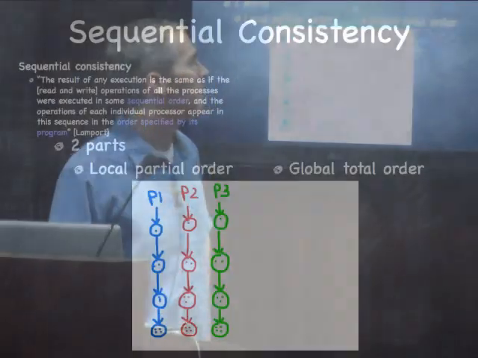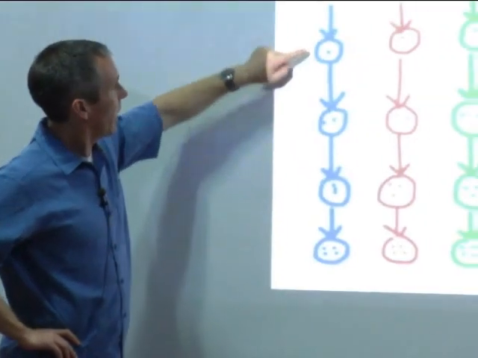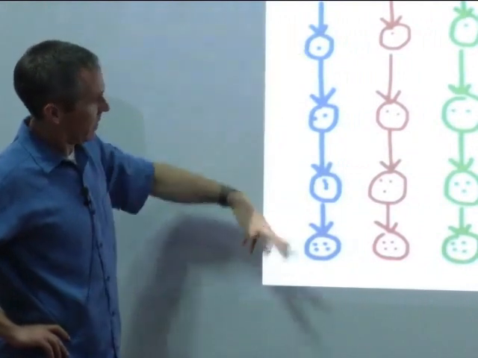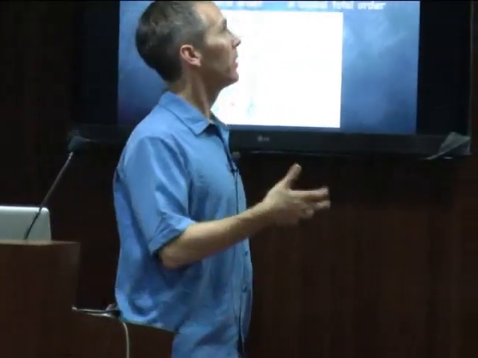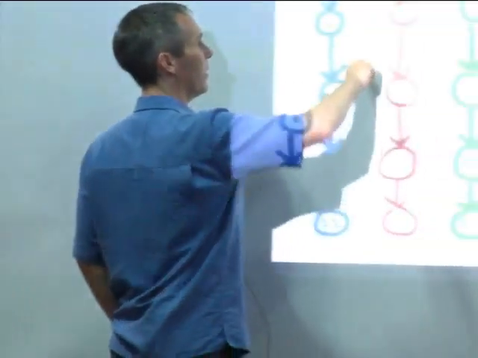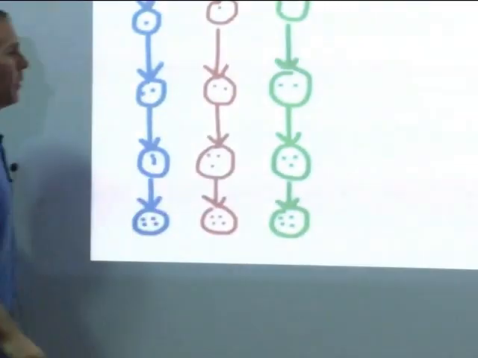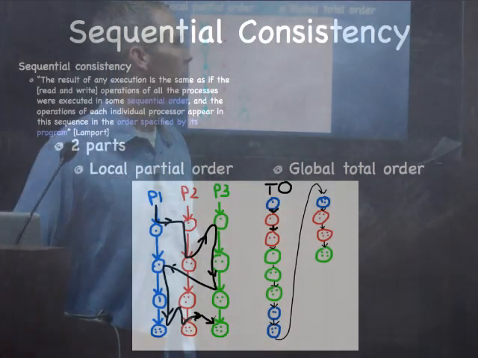So let's give an example of this. So if you've got three processes that each, in this case, issue 4 operations, 1, 2, 3, and 4, each of them is issuing 4 operations. Under sequential consistency, we need to be able to draw some sort of line that is consistent with what they did and orders all these events.